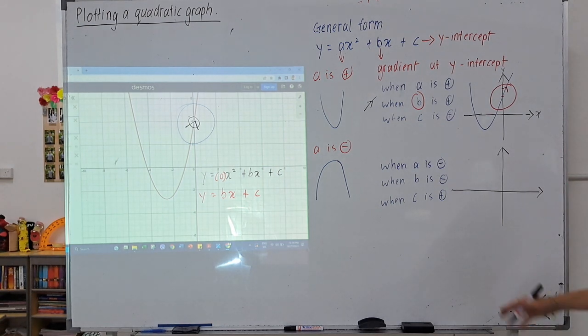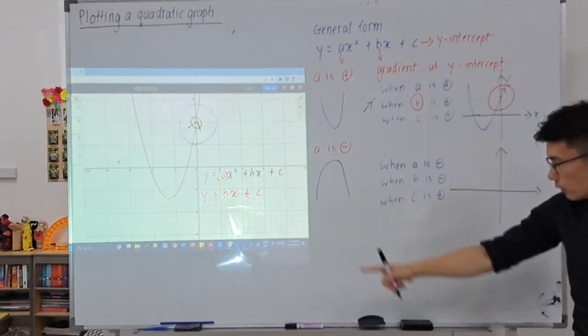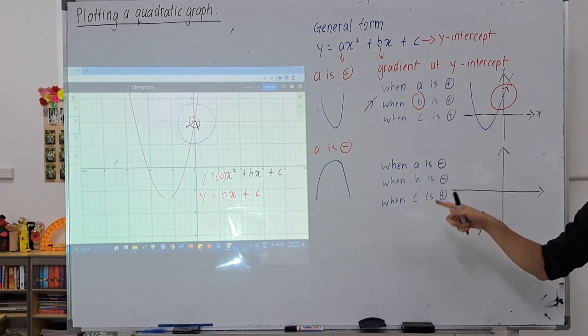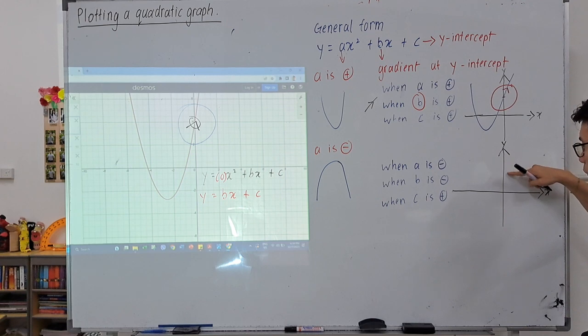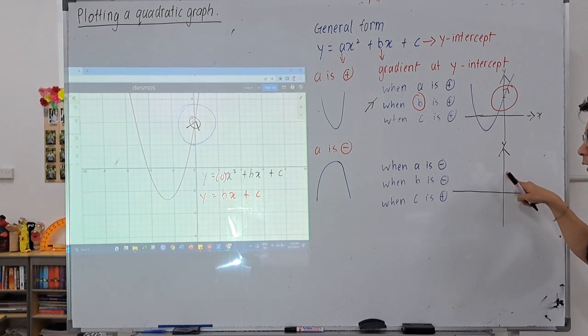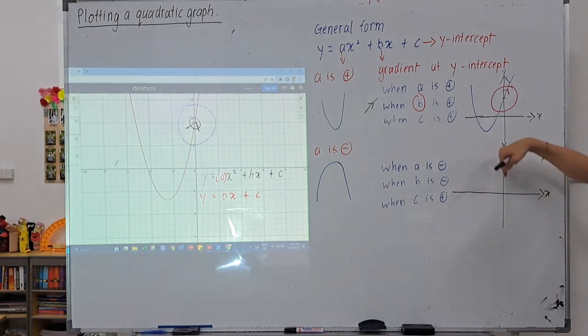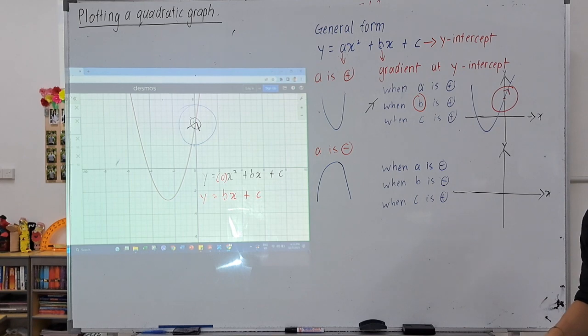Okay, so let's understand first. When A is negative, it's going to be a sad face. C is positive, so the y-intercept is going to be around this zone over here. This is the positive part of the y-axis. And B is negative, which means the line is cutting the y-axis at a negative gradient.